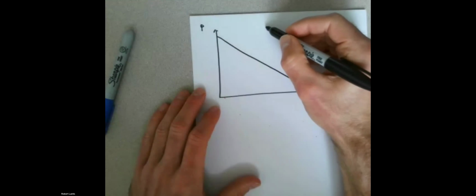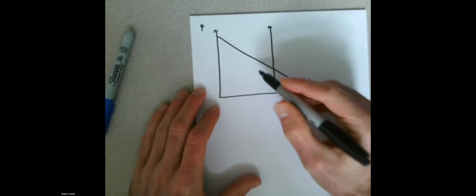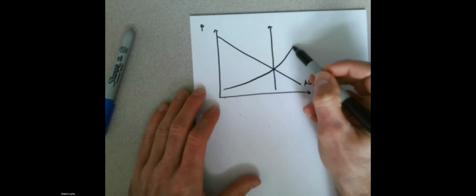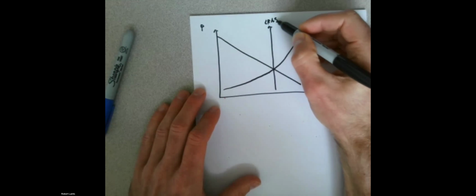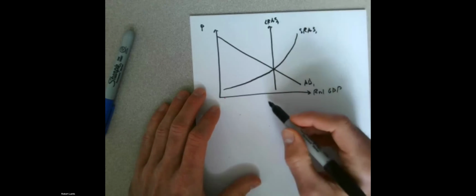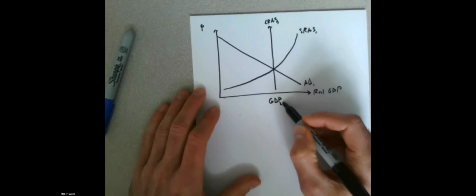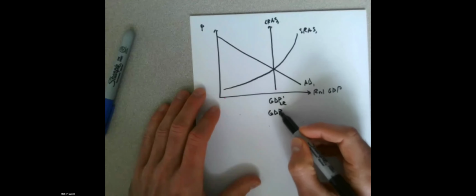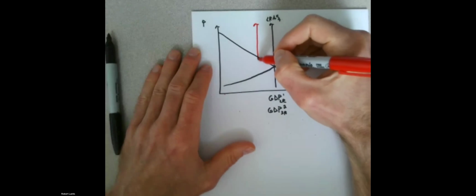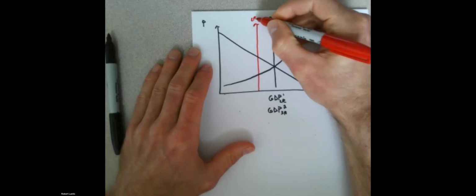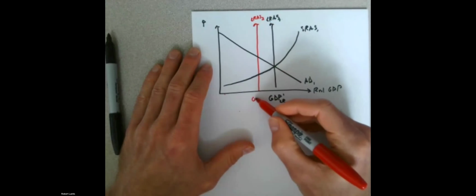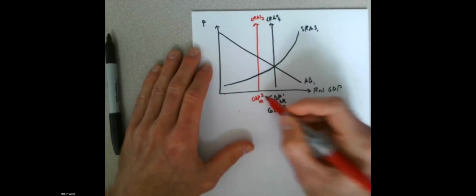So originally we started out, we were told there's no inflationary, deflationary, or recessionary gap. So we have simultaneous changes, which is that the long run aggregate supply decreases by an amount.